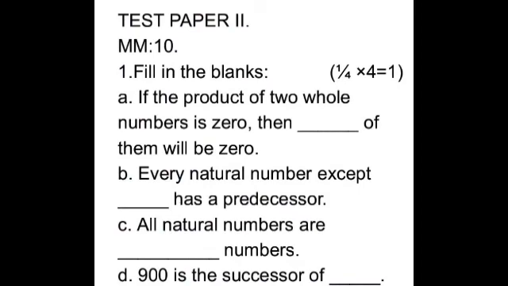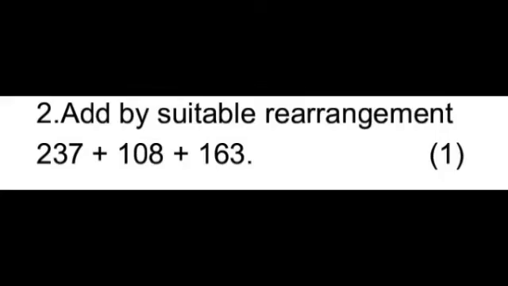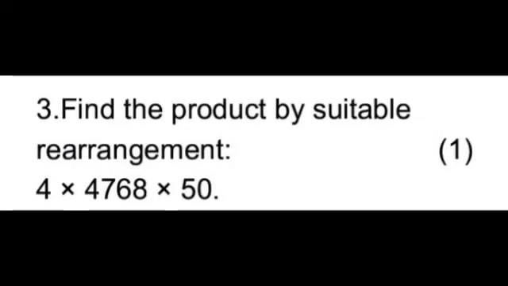Now I am going to give you test paper 2. In this question, you have to do the fill in the blanks. Please write down the direct answer. Total 4 fill in the blanks are given there. Question number 2, add by suitable rearrangement. You have previous knowledge and you have also learned it in whole numbers. Question number 3, find the product by suitable rearrangement. Here again you can multiply 50 into 4 and again multiply with 4,768 and you get the answer.